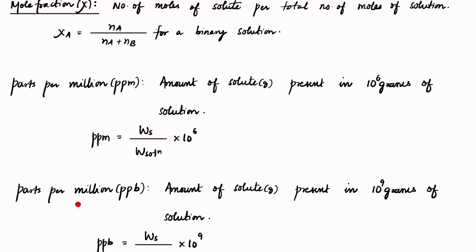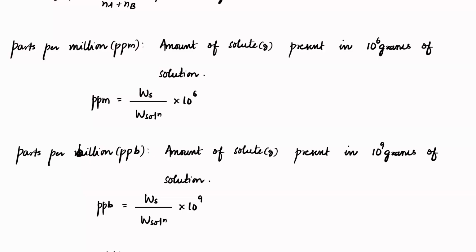And then there is ppb also, parts per billion. Parts per billion is used especially when you are discussing something about a bacteria or a virus, correct? In that case, even such a small composition makes a lot of impact.